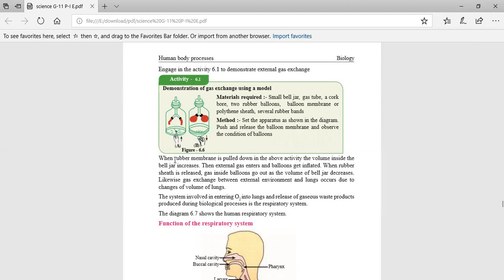When you push this balloon layer, the volume of the lungs decreases and air is released, and downward, the volume of the lungs increases.